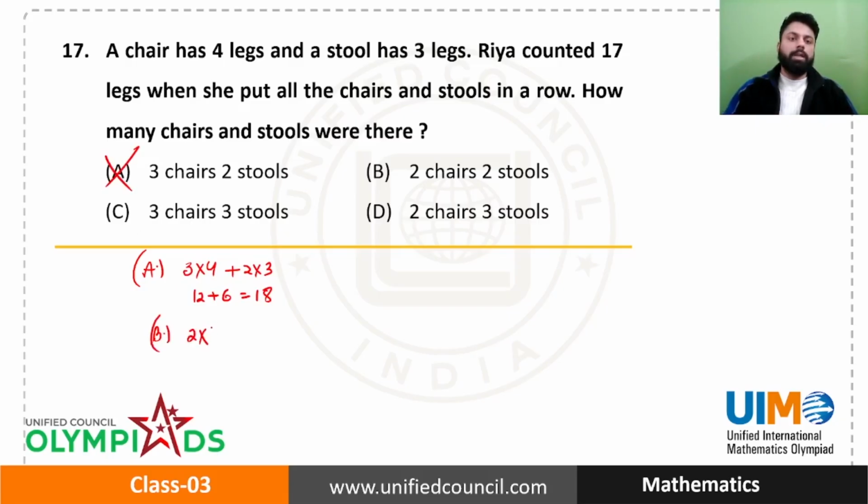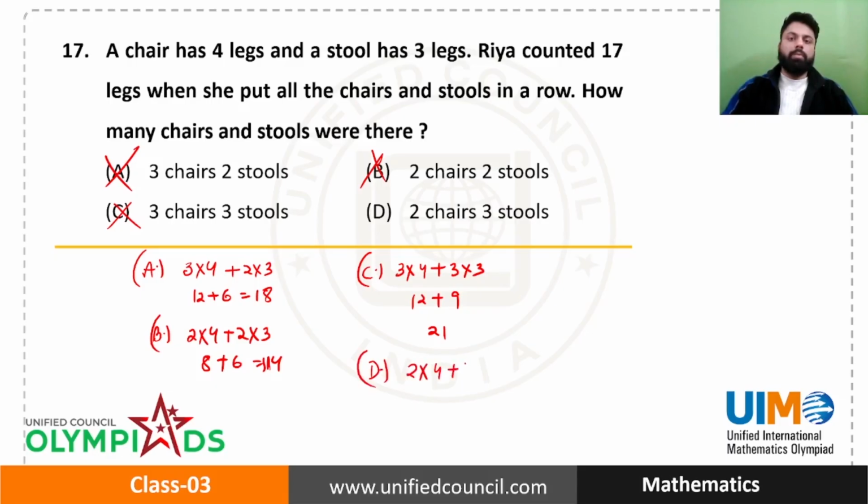B option, 2 multiplied by 4 plus 2 multiplied by 3, that is 8 plus 6, that is 14. Not the correct one. C option, 3 multiplied by 4 plus 3 multiplied by 3, this is 12 plus 9, that is 21. Not the correct one. D option, 2 multiplied by 4 plus 3 multiplied by 3, so this is 8 plus 9, that is equal to 17. That is the correct answer.